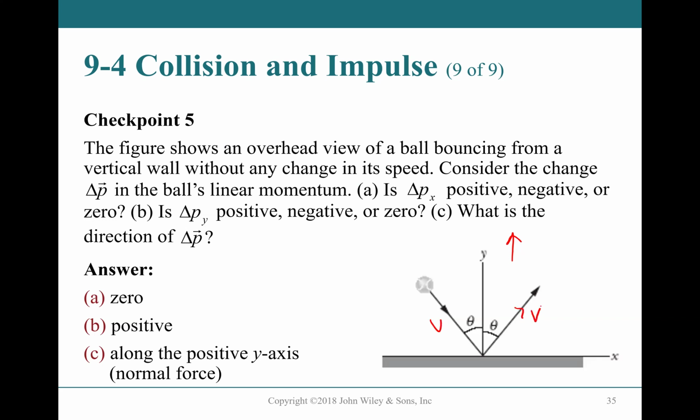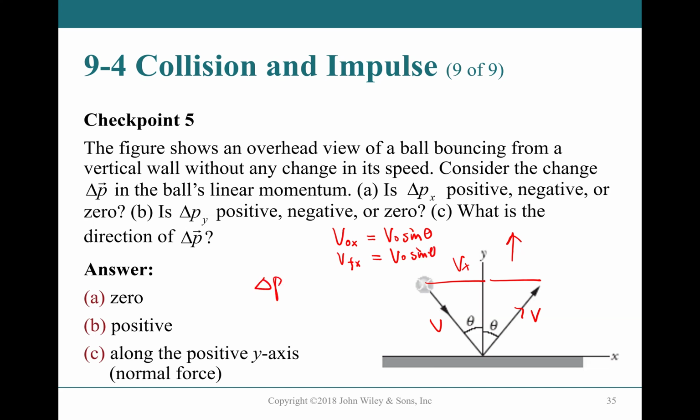If you take a look at your x direction, V initial x will be equal to V0 sine theta. And the V final x is also V initial sine theta.